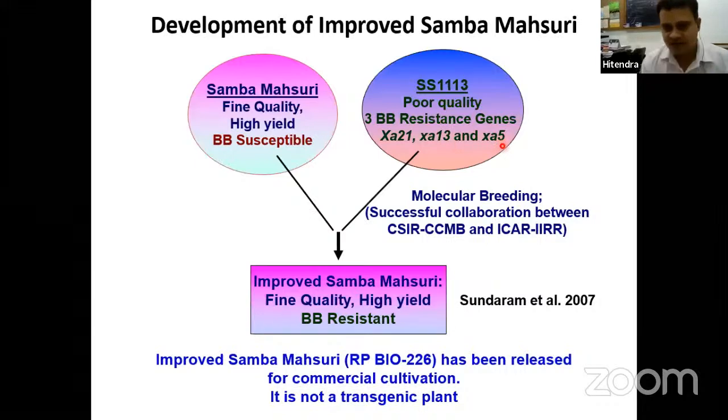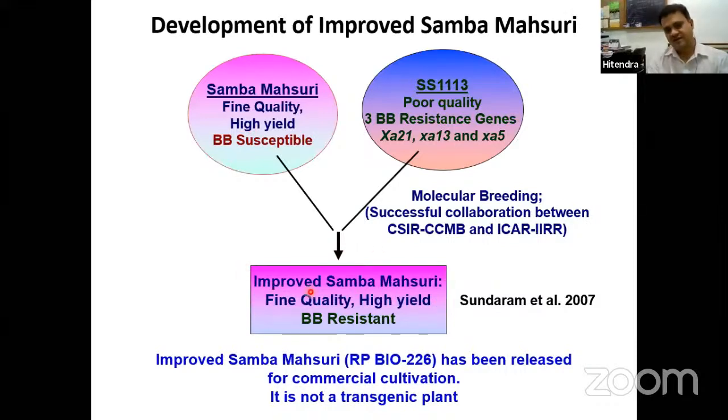So, like I mentioned, the marker assisted selection, we used that strategy, and then we brought these three resistance genes into Samba Masuri. Okay, we made a cross between Samba Masuri and this variety, and then we selected for plants that have these three resistance genes and also the quality like Samba Masuri. So that finally the developed variety we called improved Samba Masuri rice.